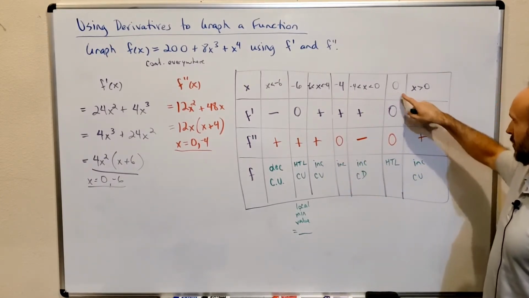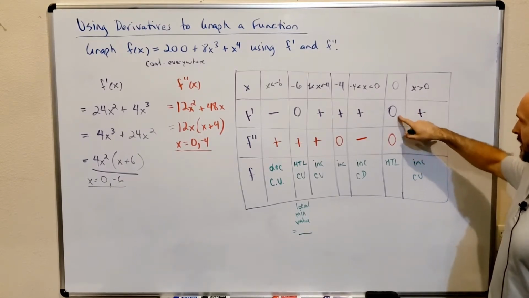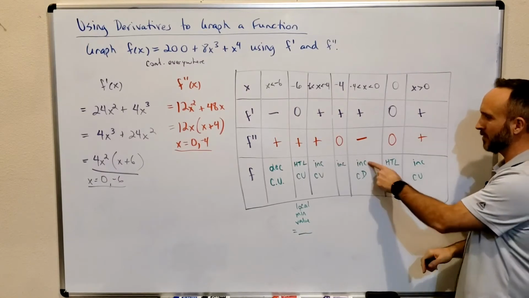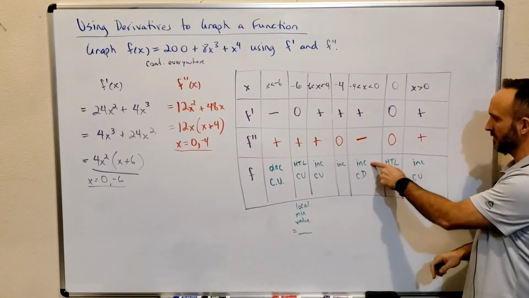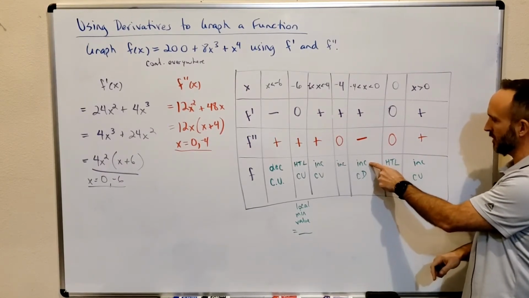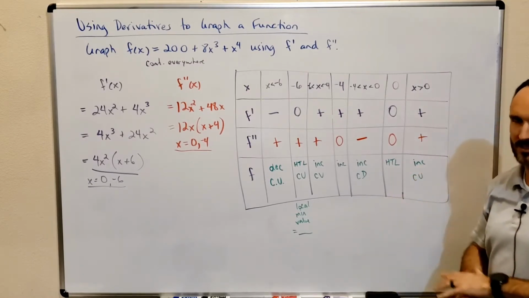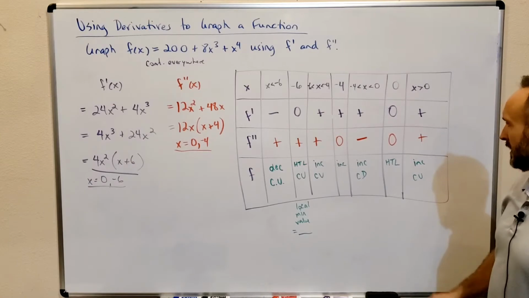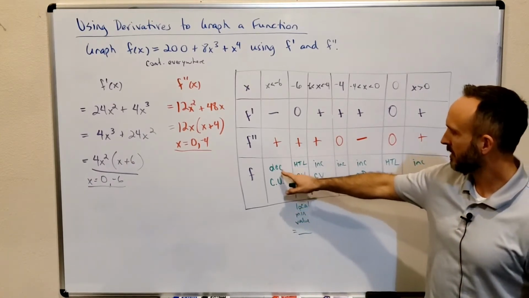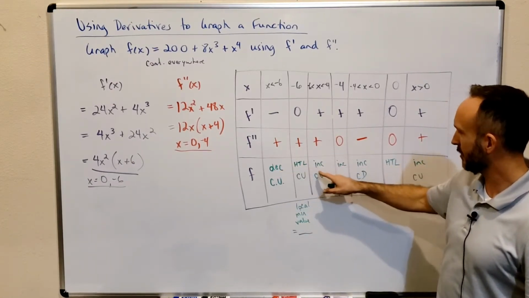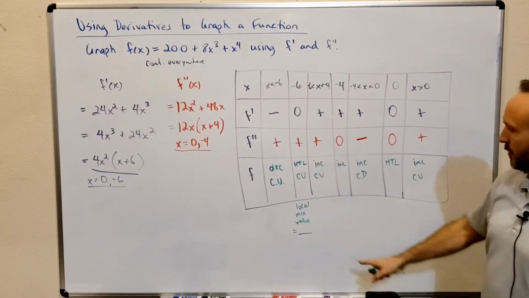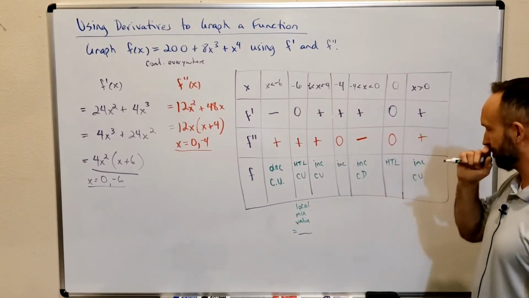At 0, we're not increasing or decreasing. And we're going from increasing to increasing, right? We're not changing, so we don't have a local min or max there at all. The only candidate for local min or max is where we go from decreasing to increasing or from increasing to decreasing, and that never happens. So we have a local minimum value, and that's it.